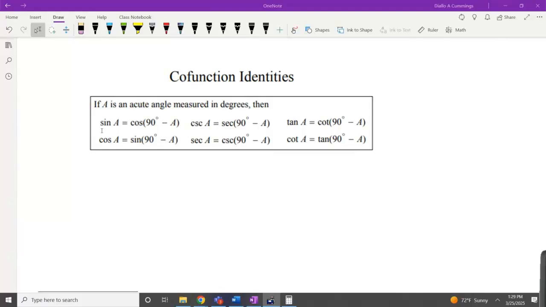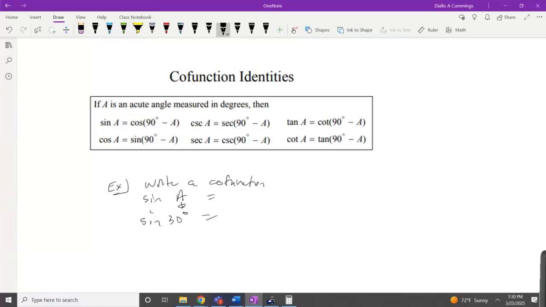So just to show a quick example of what one of these looks like, I'm going to use this first one. Say we want to write the sine of 30 degrees as a cofunction. I'm going to find the sine formula.